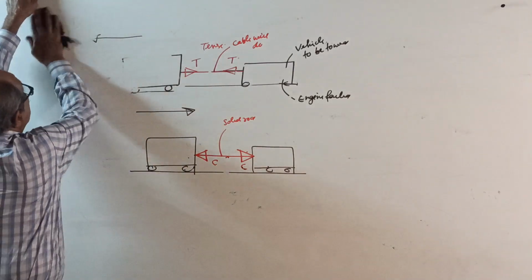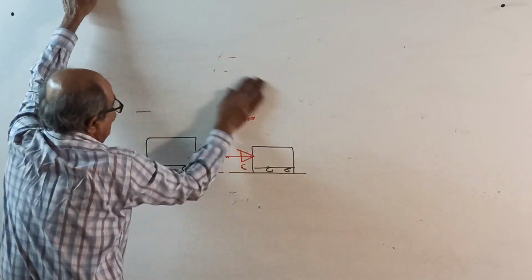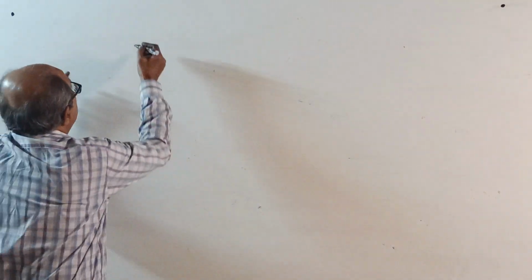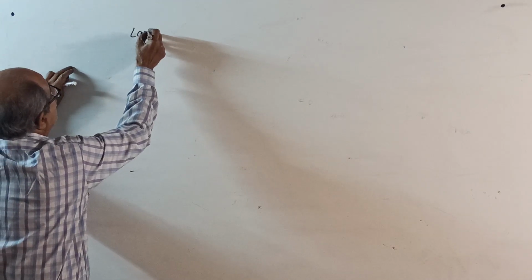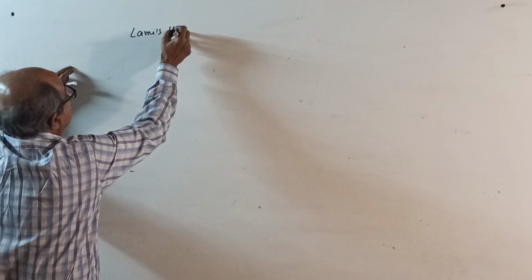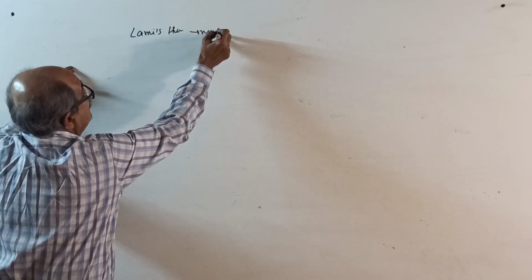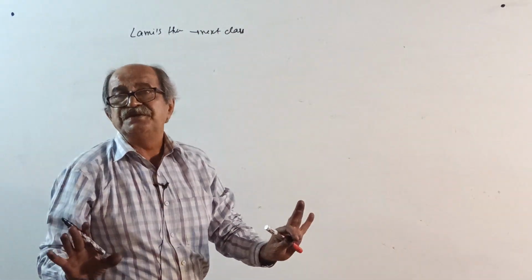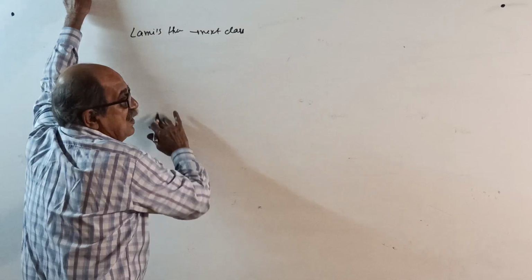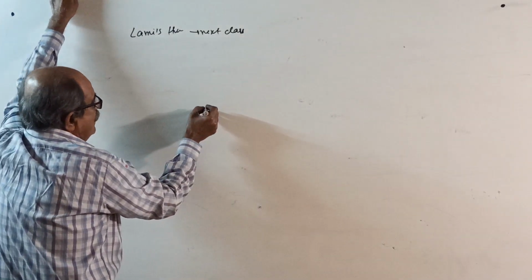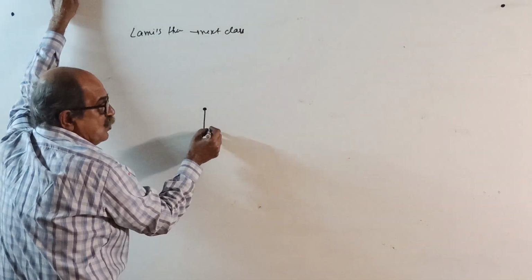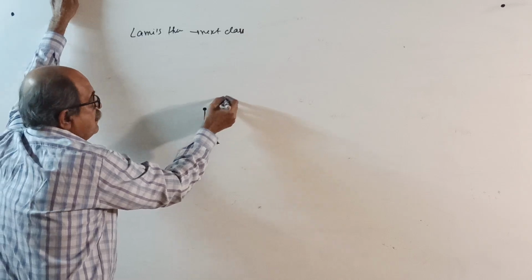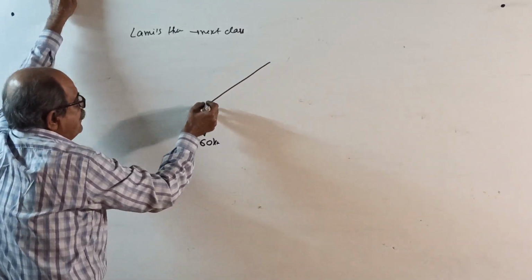Now, see. Now, last example. When you go to Lami's theorem next class, when I continue Lami's theorem in the next class, not today. Today's class I decided exclusively for this compression tension. Okay. Next class, a question will be given for you. A weight of, I don't know, 60 kilonewton is supported by 2 cables.